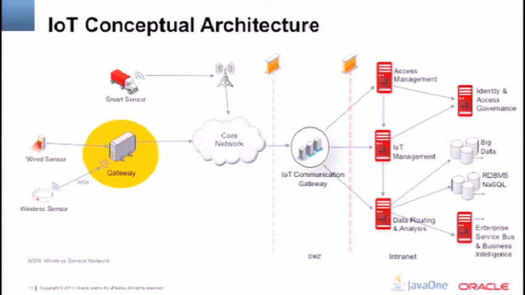In industrial automation, a CNC machine might have a gateway with a whole bunch of sensors that it's connected to.